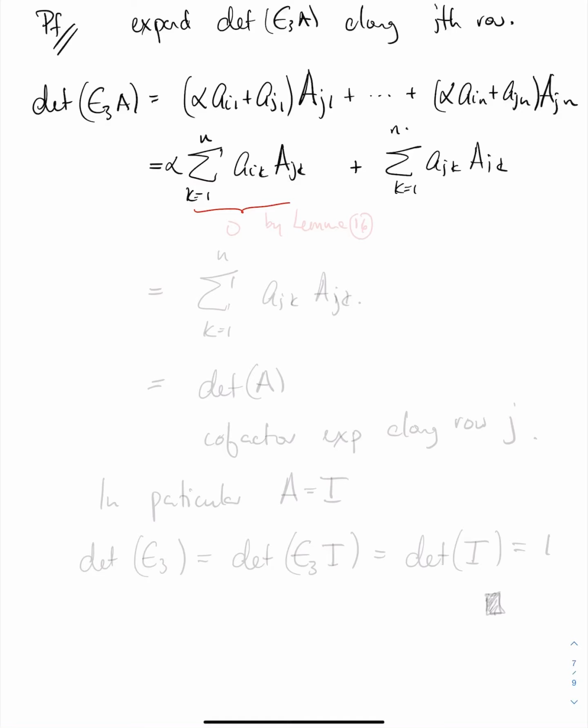The first sum is 0 by Lemma 16. What's left is this sum, which of course is the determinant of A using the cofactor expansion along row j.